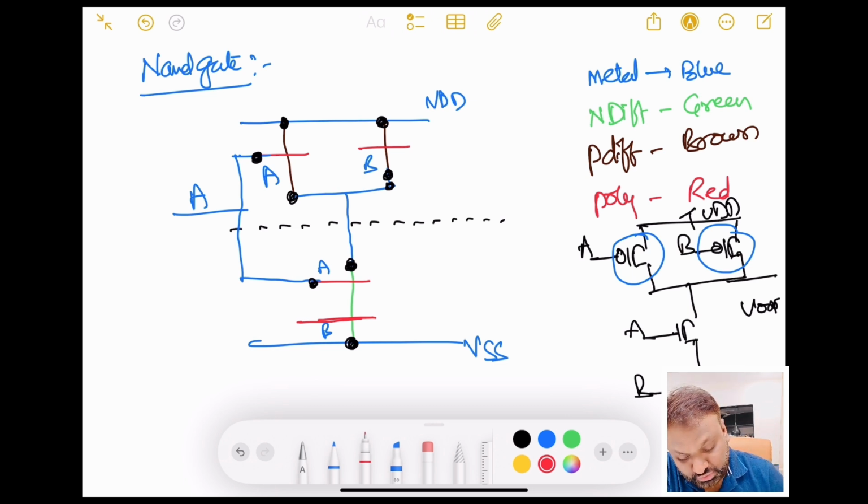You need to take care that the polysilicon of the B input should not touch the polysilicon of the A input. What happens if it touches? In part 1 we have already seen there is a rule: if two or more colors touch each other, then that is an electrical contact.